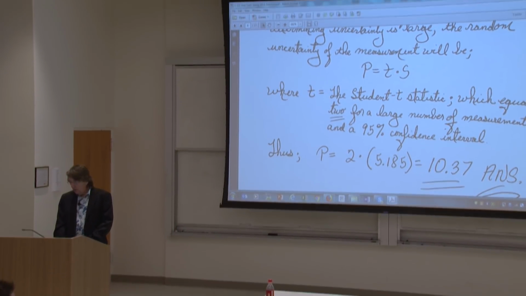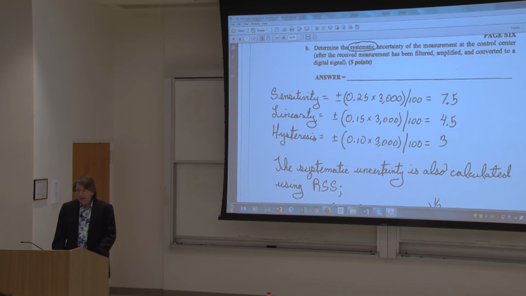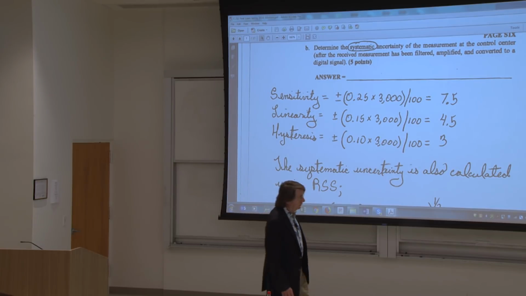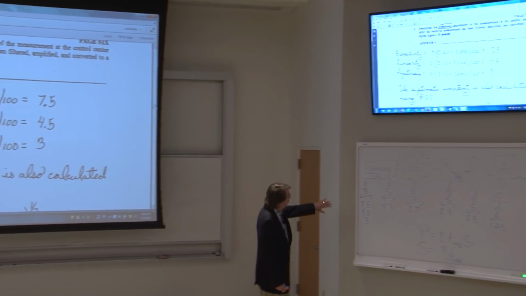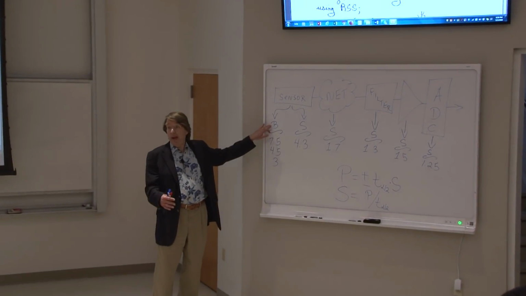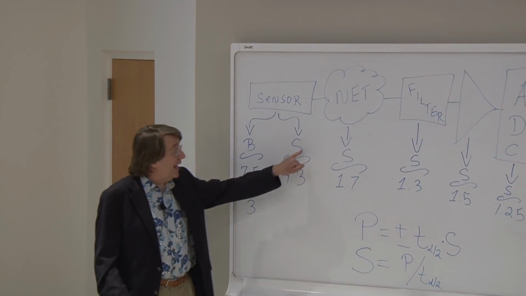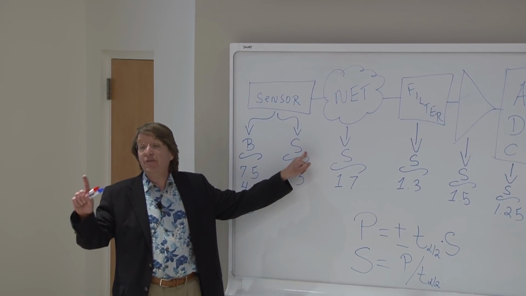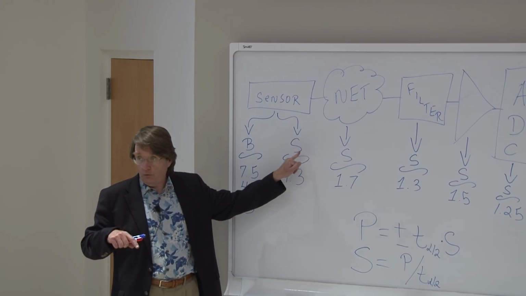And now we continue on to part B. Determine the systematic uncertainty. Now, for the systematic uncertainty, the author uses the letter B for bias, because a systematic error is always a bias. So once again, this S stands for standard deviation, not systematic. I hope you're okay on that. Matt, did I do all right on that?